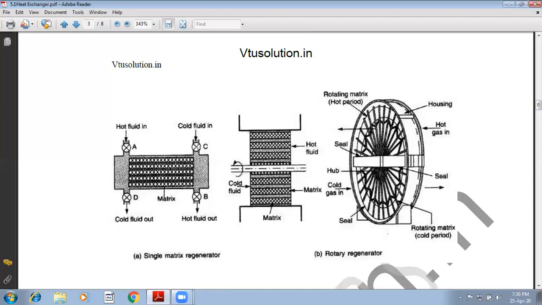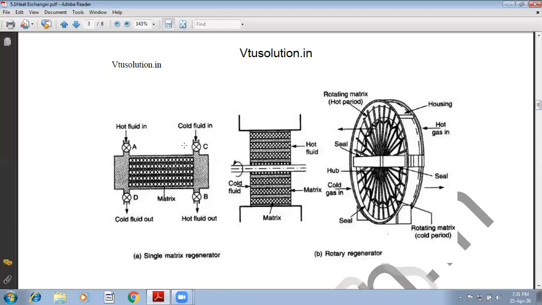Next we will open valve C, which is a cold fluid. Now this cold fluid will flow into the matrix. Here the matrix will give out the heat that has been absorbed in the previous flow of hot fluid to the cold fluid.